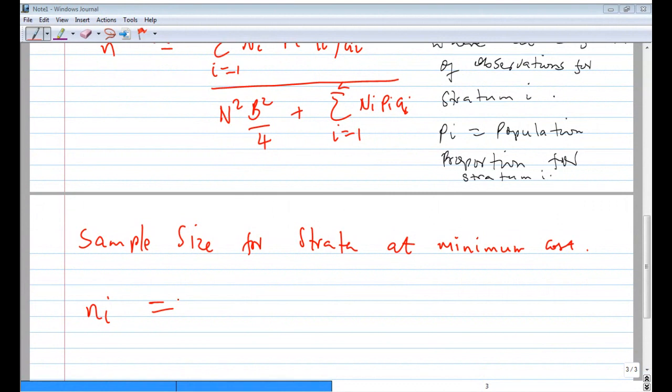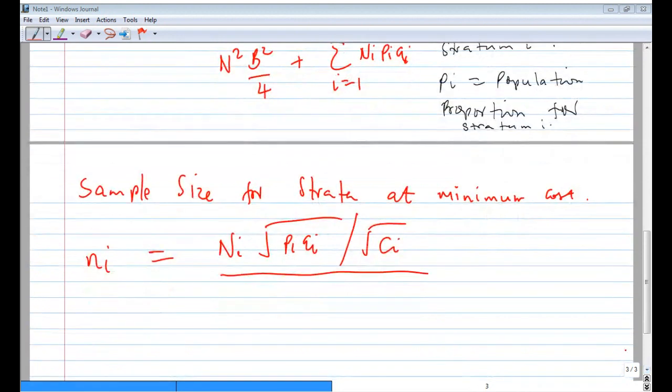Okay, so ni is given by Ni times the square root of Pi Qi, then all divided by the square root of Ci, then divided by the summation, where i ranges from 1 up to L, of Ni times the square root of Pi Qi, again divided by the square root of Ci.